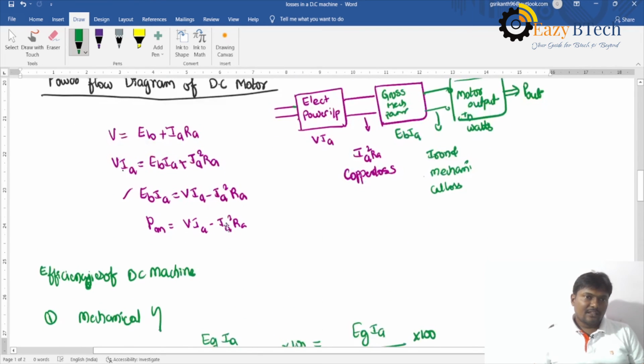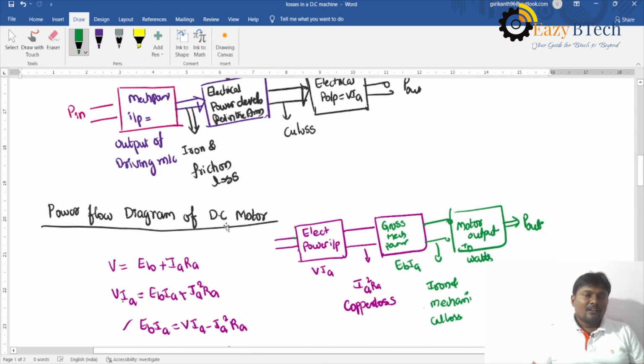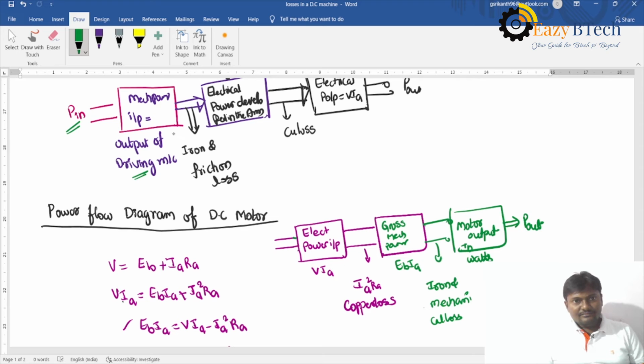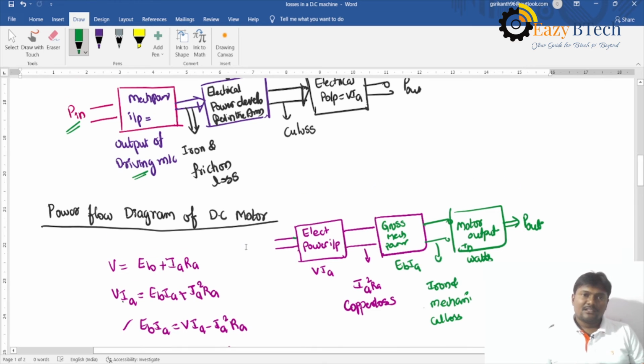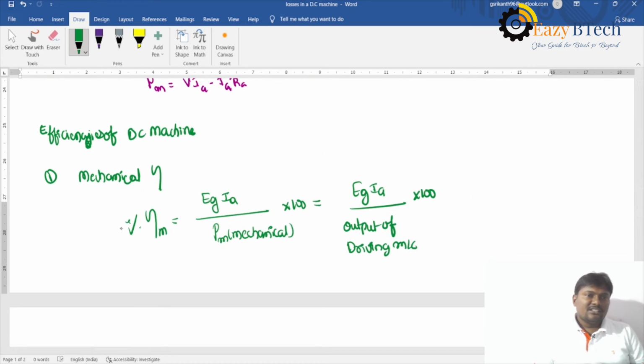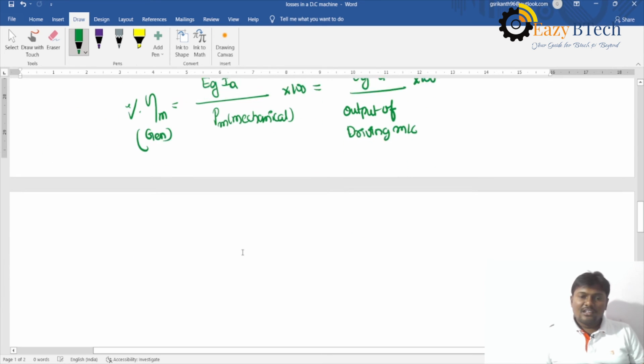If you observe here, the input is the output of the driving machine, and the output of this box is the electrical power developed. This mechanical efficiency is for a generator.